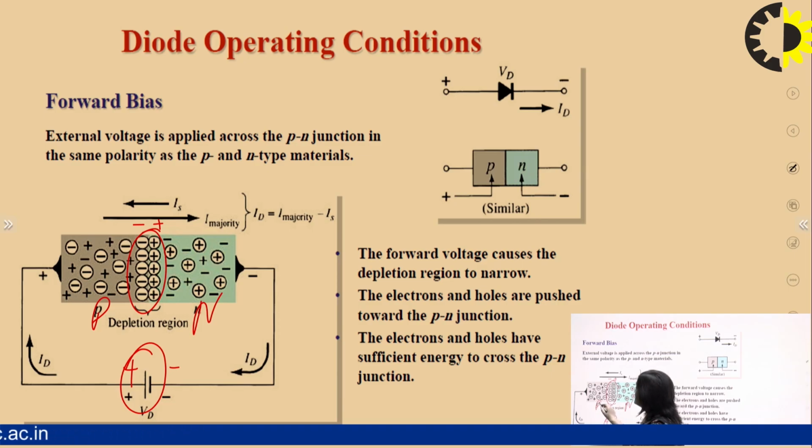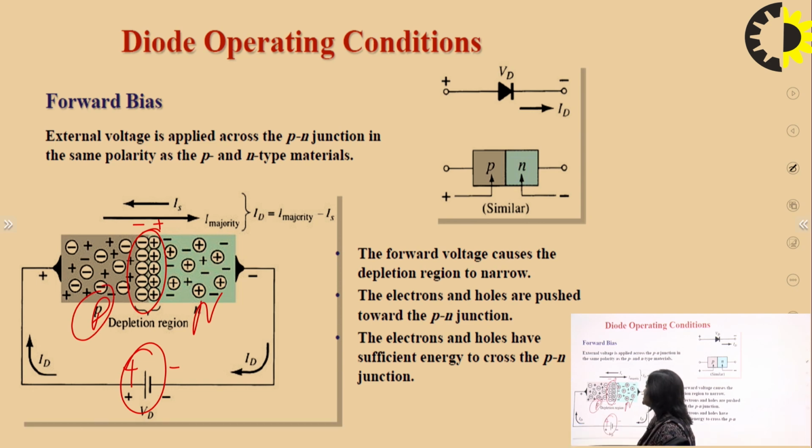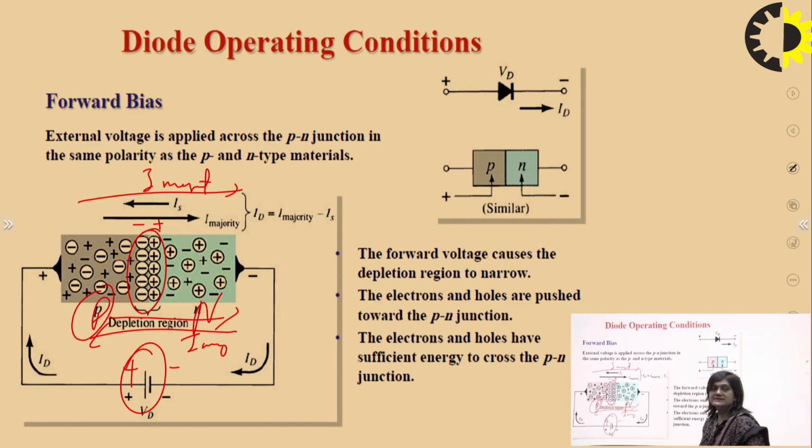Now the majority charge carriers from the p-type semiconductor will move towards the n-type, and the majority charge carriers in the n-type, that is the electrons, move towards the p-type, due to which majority current will be flowing. And this barrier potential will support the flow of the minority charge carriers. So the majority charge carrier flow is from p to n, and the minority charge carrier flow is from n to p. So the net current in this case will be I majority minus I minority.